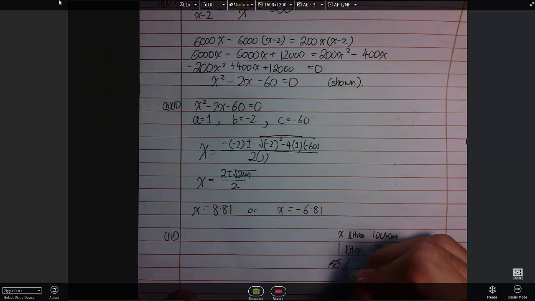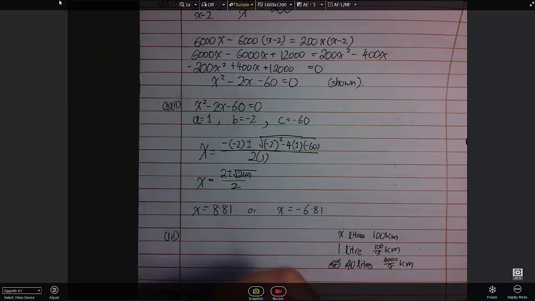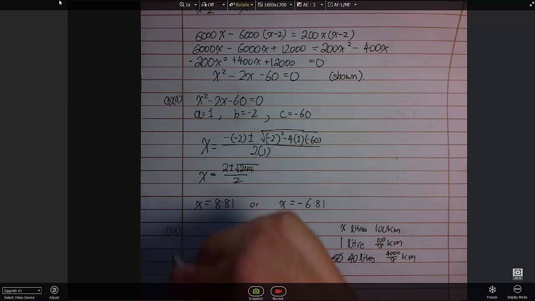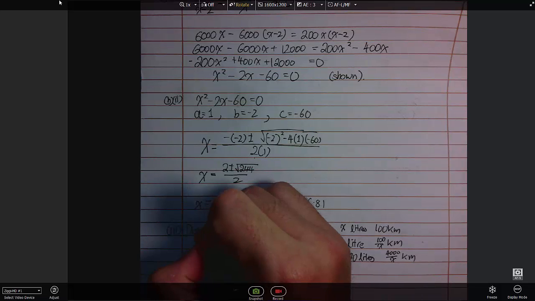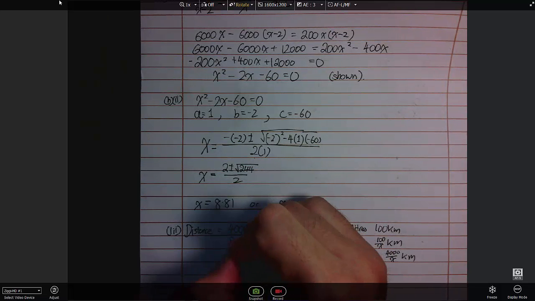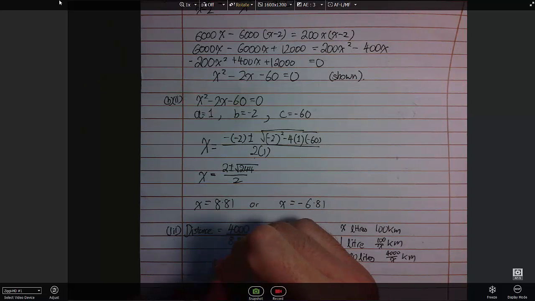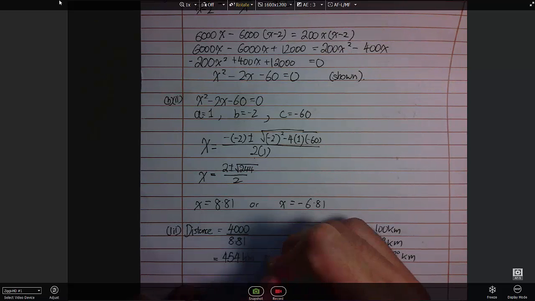No, they said 40 liters. So for 40 liters, the car can drive 4000 over x km. So the distance will be equal to 4000 over x, which is 8.81. And in the end, what I get is 454 km, which is correct to 3 significant figures.